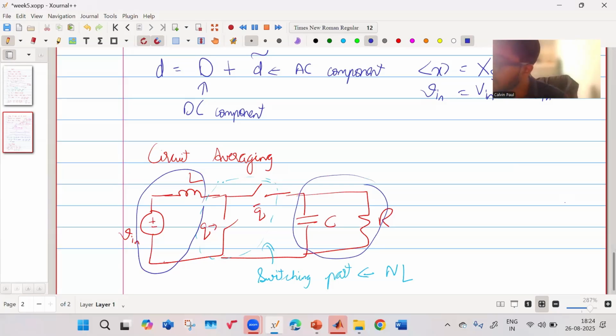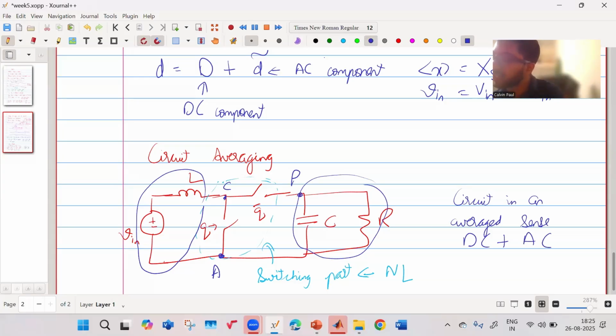Like this is the active node, this is the common node, this is the passive node, etc. They will try to find a model of this, and they'll add it into the system. So they will get the circuit in an average sense that includes both the DC and the AC component as well. This is another method.